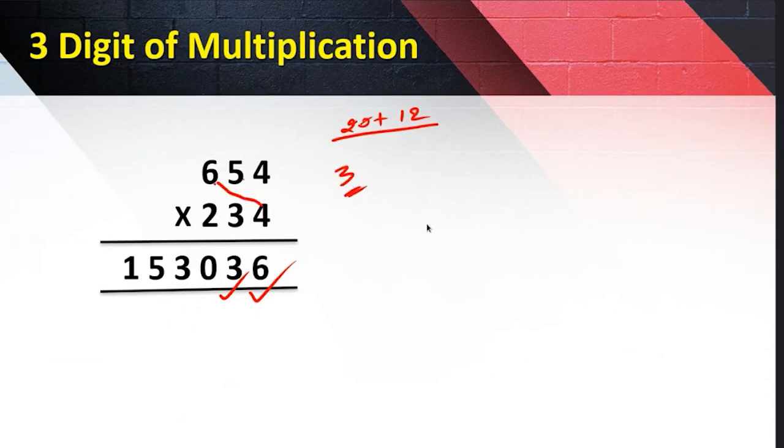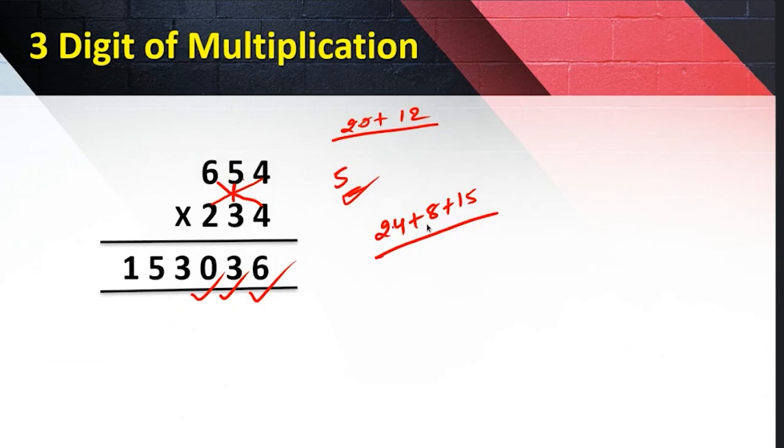Now 4 will multiply with 6, 2 will multiply with 4, and 3 will multiply with 5. Good. So 6 eights are 48... 4 sixes are 24, 15. 8 plus 15. If you add this, you will get 47. And 47 plus 3, 50. So now carry is 5.